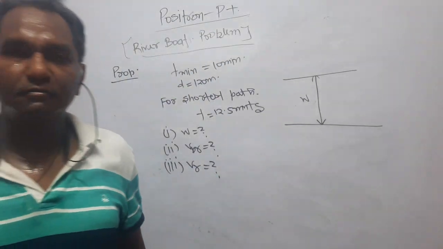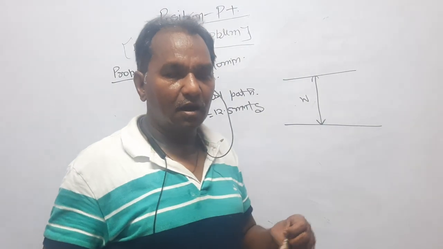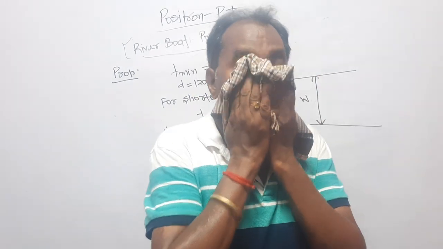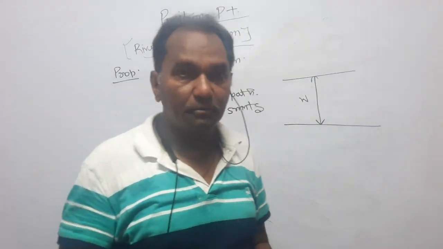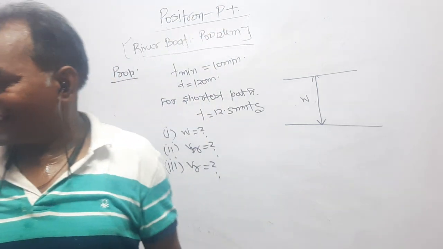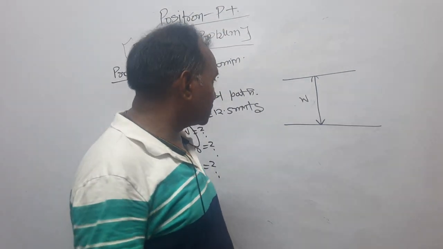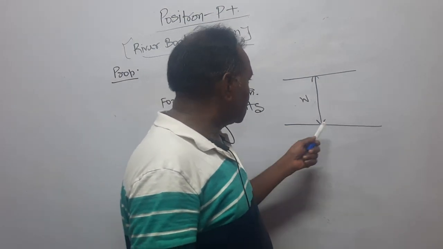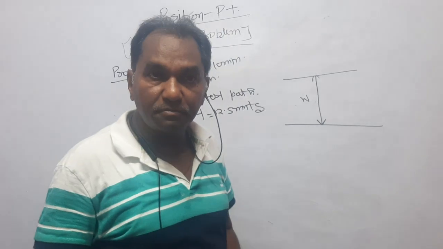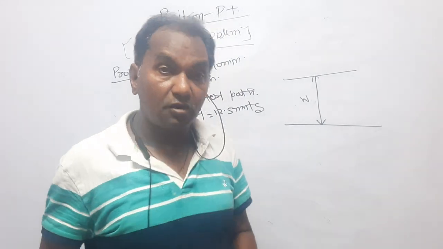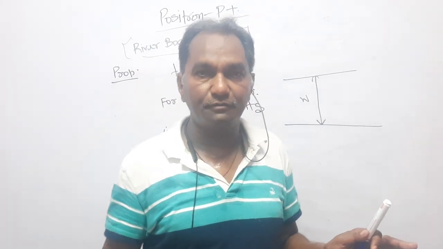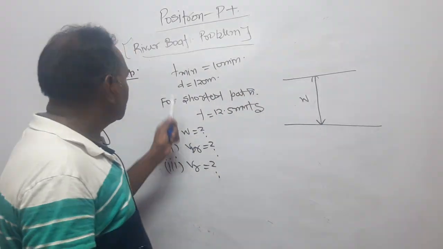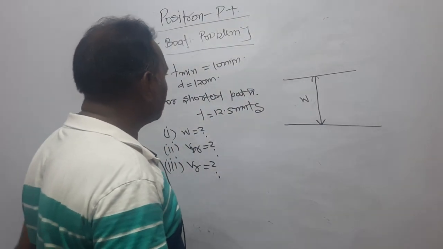The two kinds of questions are asked, that is how the boat should be sailed so that it crosses in minimum time, or along the shortest path. These two are very, very different things, right? First is in minimum time.